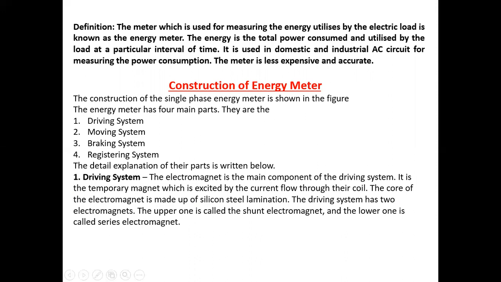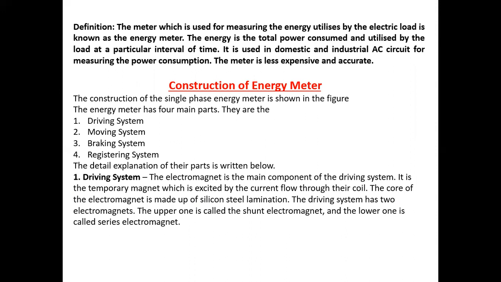The energy is the total power consumed and utilized by the load over a particular interval of time. Suppose we measure the total power consumed by a load. We take a fan having a rating of 400 watt, and this is used for 3 hours.